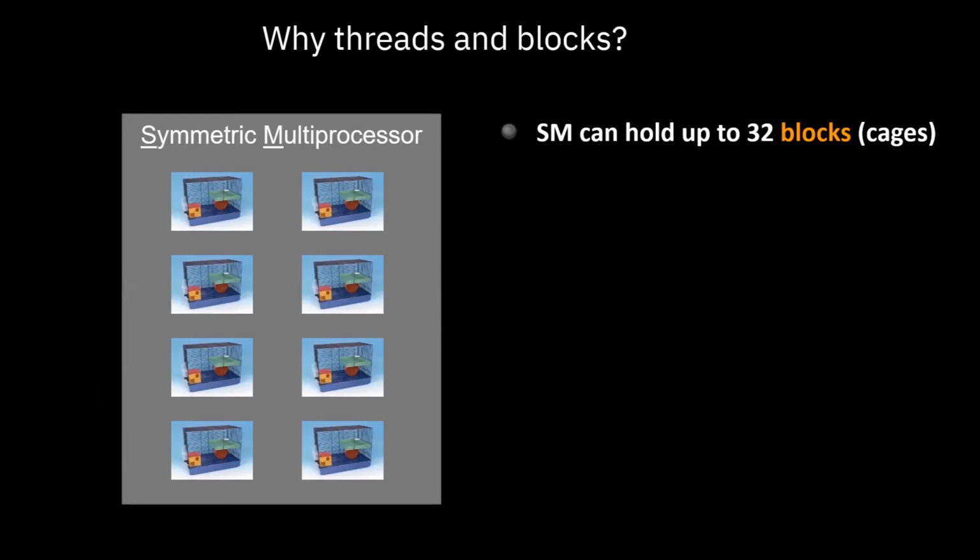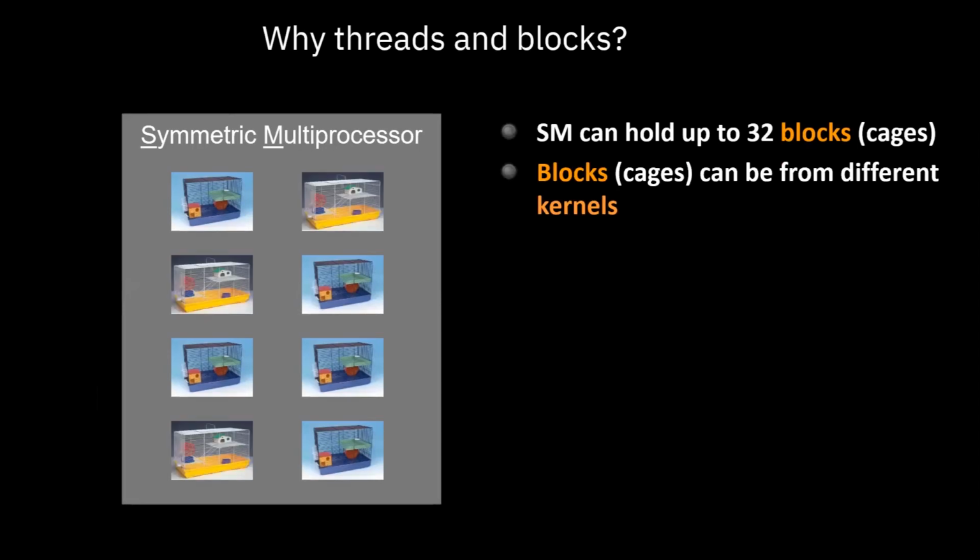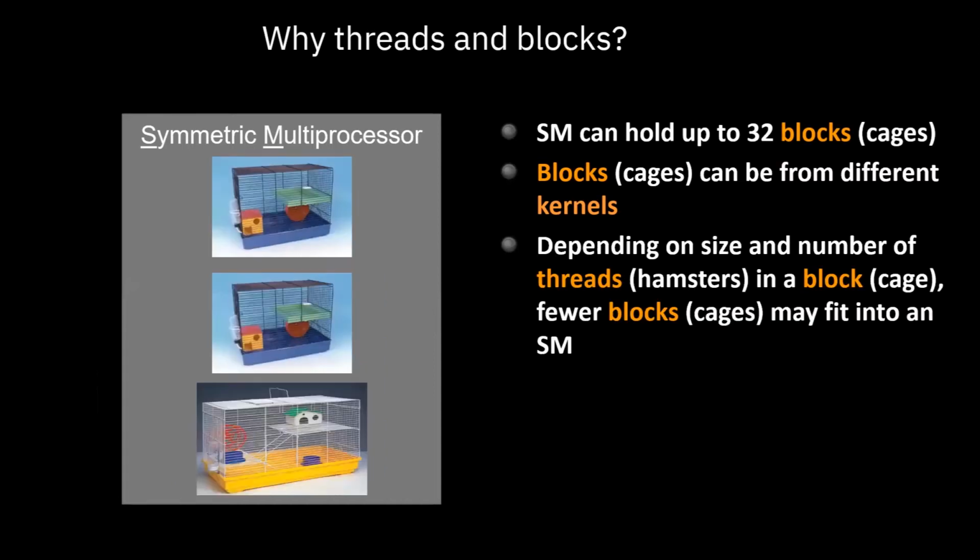Each SM can have 32 blocks that will be swapped one after another. They can be of different types, and that's where MPS also helps. And in these cages, you can put a different number of threads, different number of blocks.